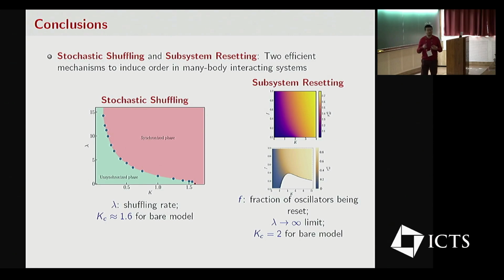And so this is the stochastic shuffling, and what it does is that it is able to reduce the value of the critical coupling to observe order in the system. As you jack up the resetting rate, the critical coupling decreases. And the second one is this stochastic subsystem resetting, in which you have a macroscopic system and you manipulate the degrees of freedom of a part of it, and you see how it impacts the rest of the system.